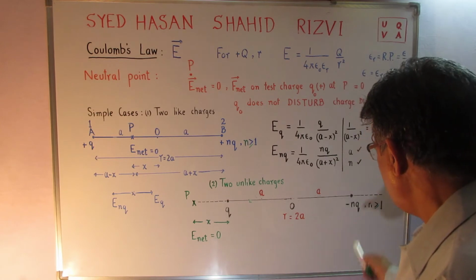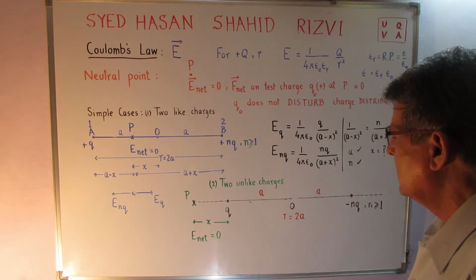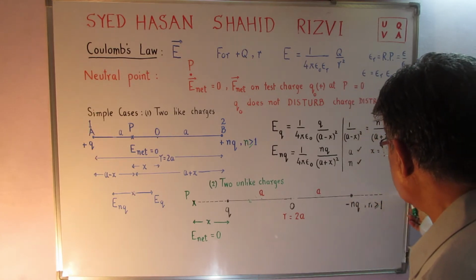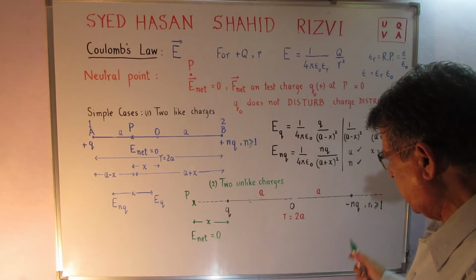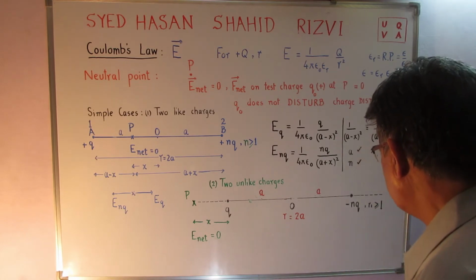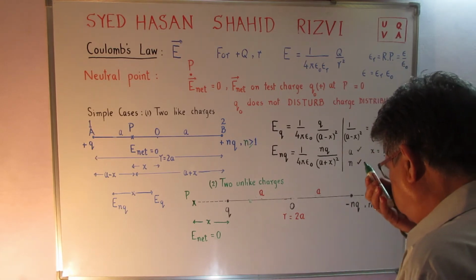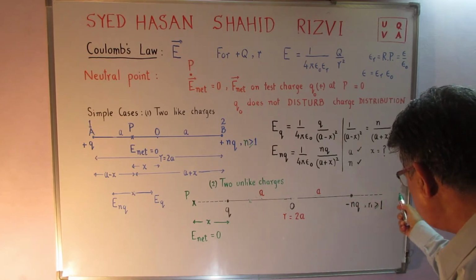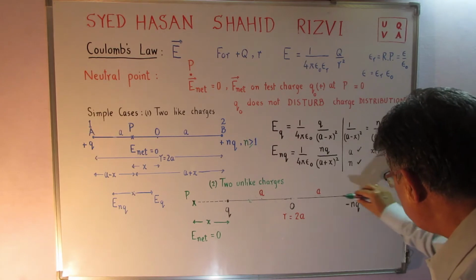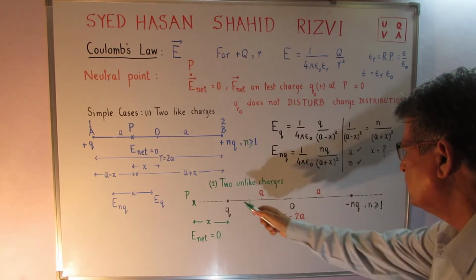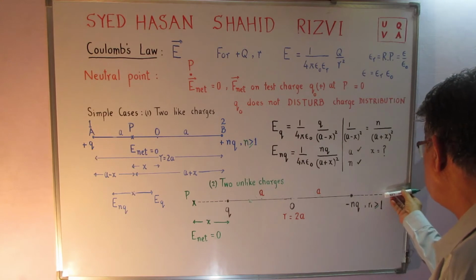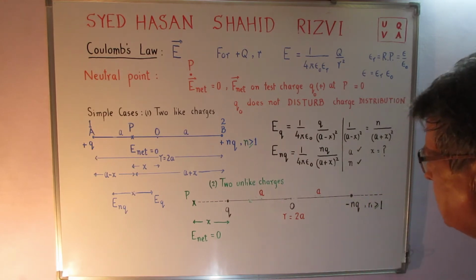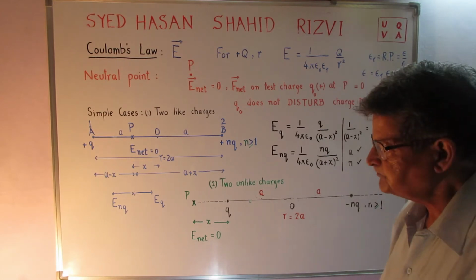If I go on the extended side, you can again argue that because the magnitude of this charge is more and the distance is less, the value of the field will be much more compared to the field due to this one, which acts only in this direction, and therefore there is no question that we get a neutral point.